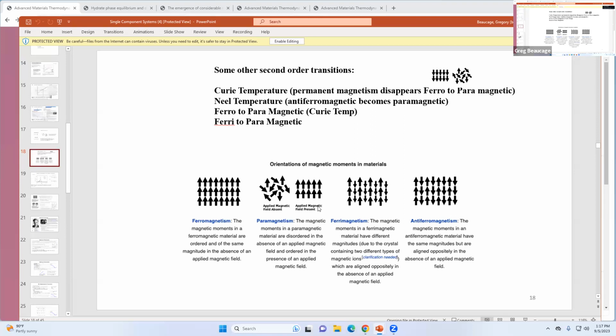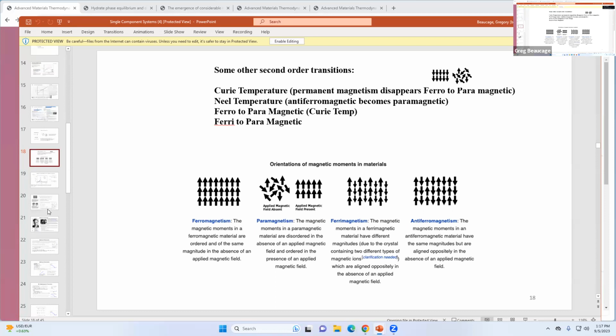So you can magnetize it, but if you take that magnetic field off, they go random because thermally they're moving around. As you cool it down, you reach a point where thermal energy isn't enough to randomize them, and then they straighten out. That's called the Curie temperature. It's a second order transition, it goes from that to that, right? So that's what everyone's trying to figure out, how that works.